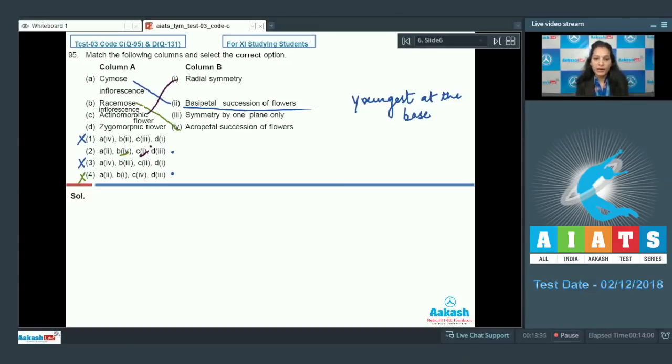So it is a symmetry by one plane. So zygomorphic flower with the third. So D with the third. So by analyzing the options, you can say that the correct option for the given question is option number 2. Let's move on to the next question.